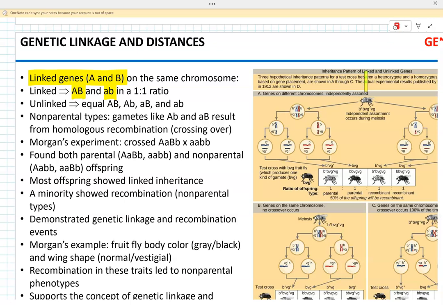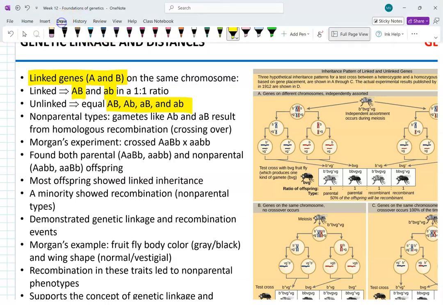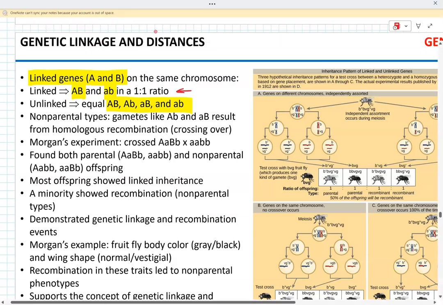If genes are unlinked, then the probabilities of the 4 different gametes are the same. So if genes are linked, this is essentially a parental phenotype. Non-parental phenotypes are gametes like dominant A, recessive B, and vice versa. These gametes result from homologous recombination or crossing over.